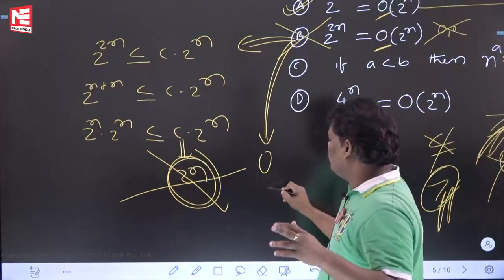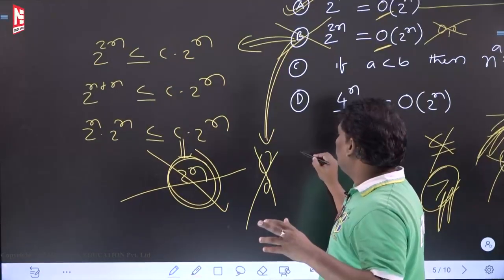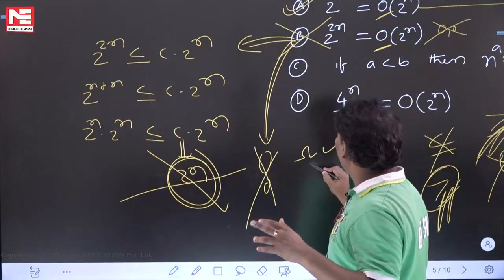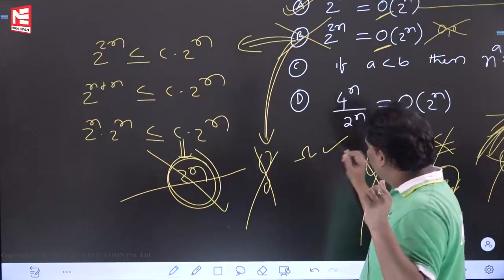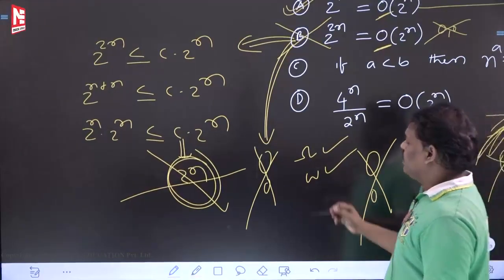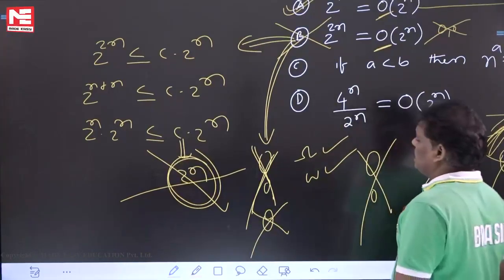Big O fail, small o also fails. Next one, omega pass, sorry, omega pass. Small omega, what is the answer? Omega pass, small omega also pass. Next one, theta no chance. This is the answer.